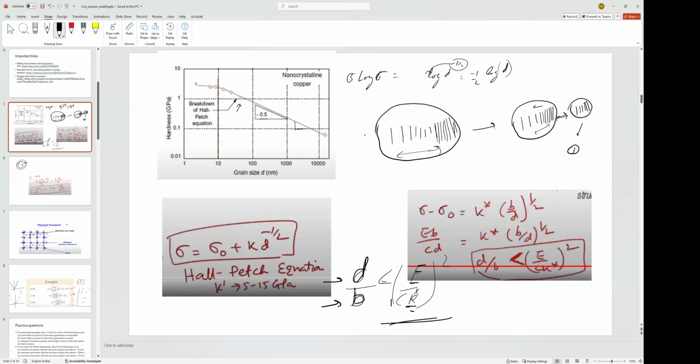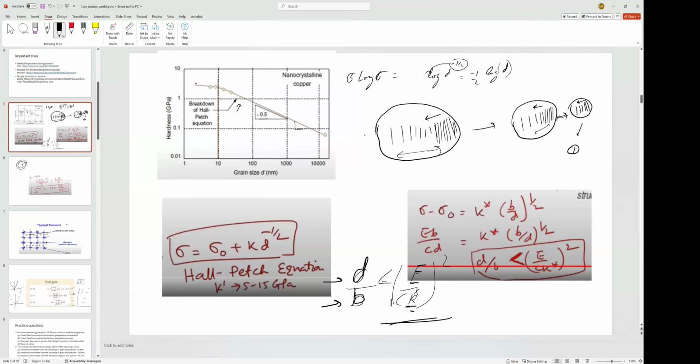This was applying some back pressure on the dislocation generated, and that was preventing dislocation formation. However, since there is no piling up here, there is no back pressure, and now the dislocations can easily form and you get plastic deformation again.